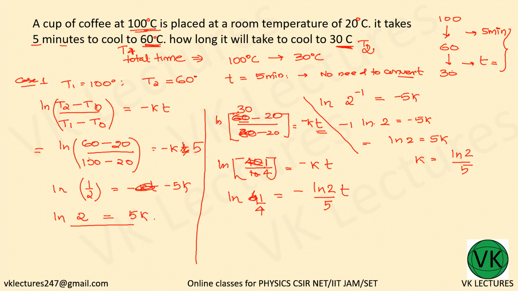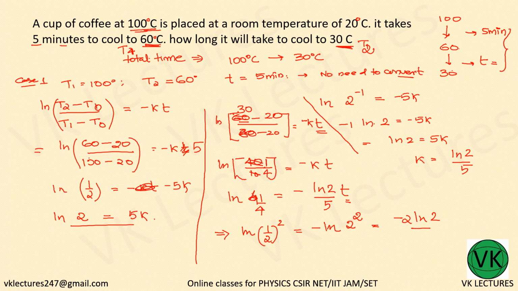So log of 1 by 4 is equal to minus log 2 divided by 5 into t. So log of this, I can write it as 1 by 2 whole to the power 2, that is equal to minus log 2 to the power 2, that is nothing but minus 2 log 2.